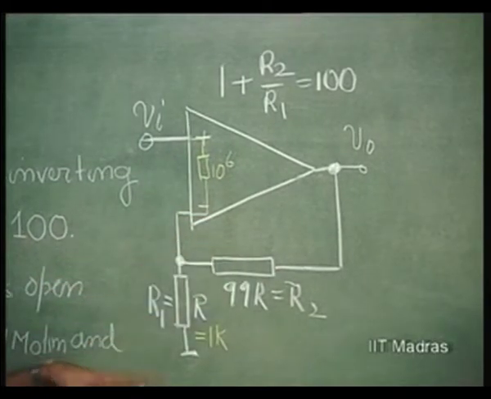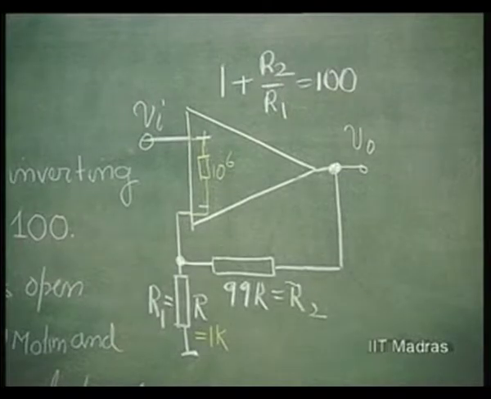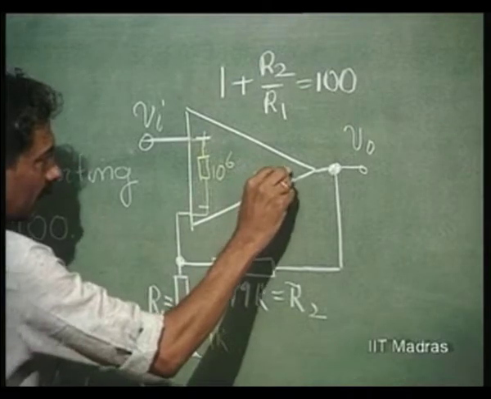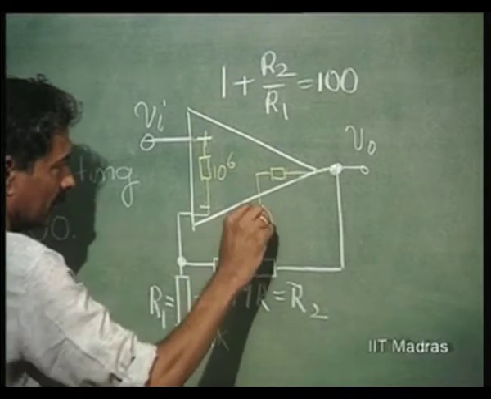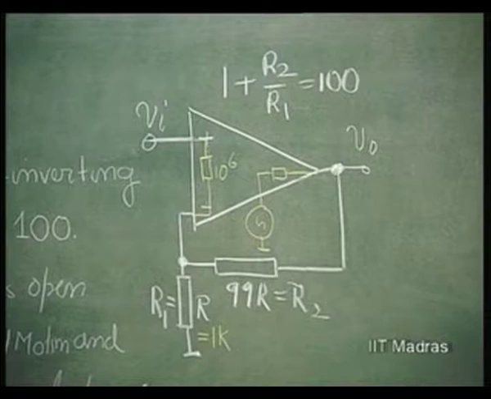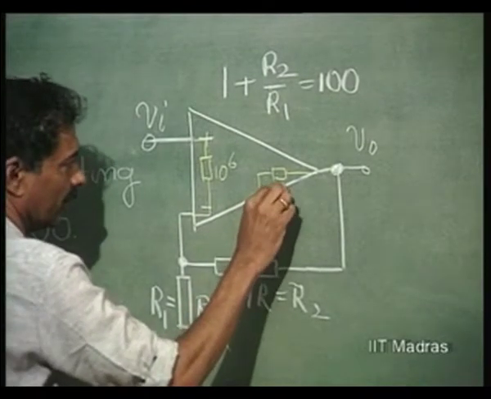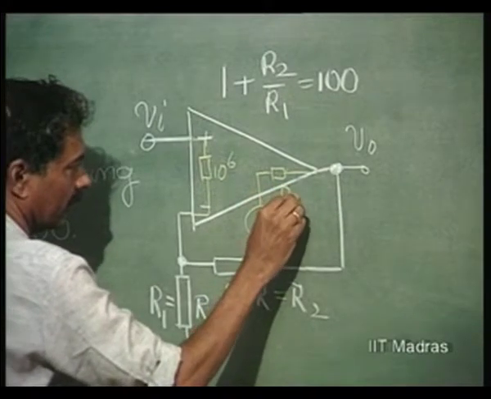Here we have R1 coming as 1 kilo ohm. So we have chosen our values such that the feedback network is acting independently of the input and output resistances of the amplifier.